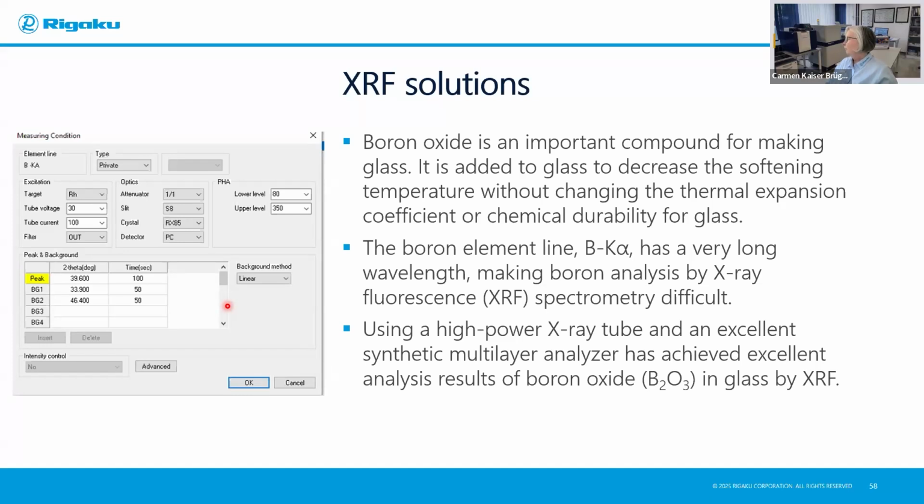Okay, so boron, the K-alpha line, has a very, very long wavelength, making it sometimes very difficult. So these improved features in our spectrometer, like vacuum stabilization, better crystal, thinner beryllium window, give you better sensitivity for this element.